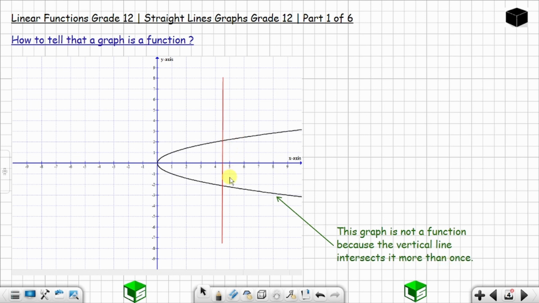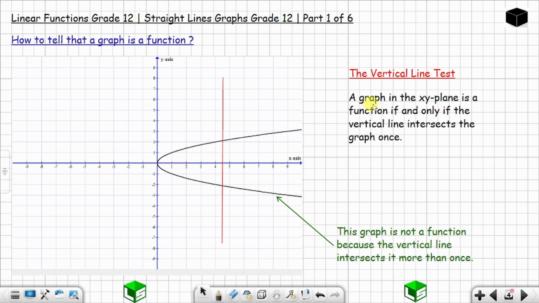Once again, what is the vertical line test? A graph in the xy plane is a function if and only if the vertical line intersects the graph once. In this case, the vertical line is intersecting the graph twice, there and there. So this graph is not a function, as you can see.